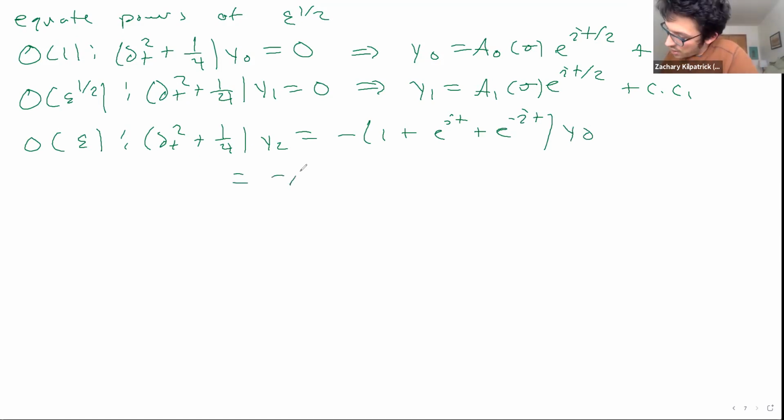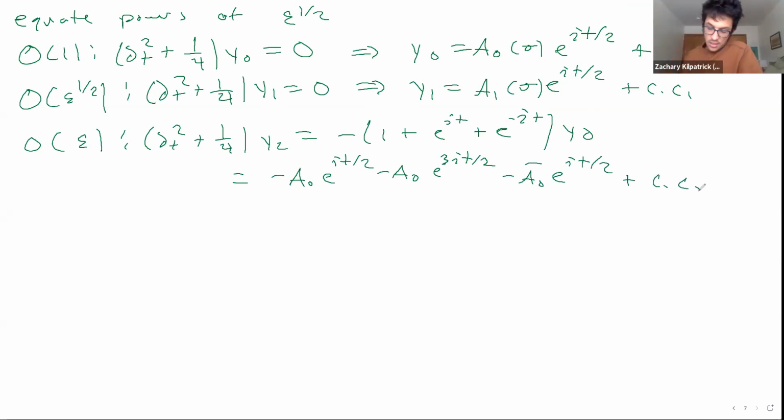And I can work out all these exponentials. I get minus a0 it over 2 minus a0 e to the 3i t over 2 minus a0 bar e to the it over 2 plus complex conjugates, okay?